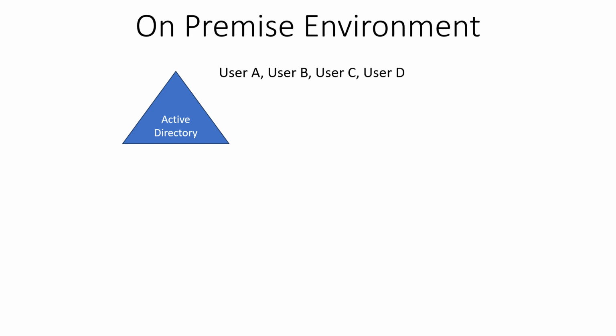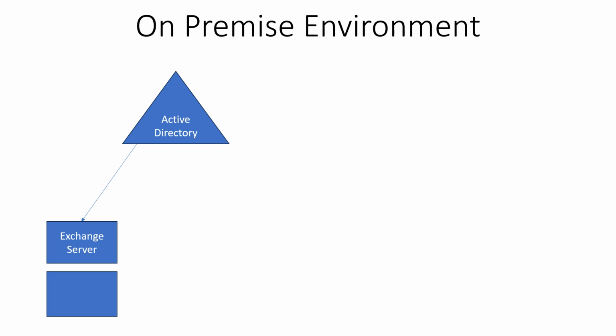In order to achieve this, first we need to install Active Directory on our servers. Active Directory acts as a database to store the contact information in our organization. After the installation of Active Directory, we need to install Exchange servers so that our users can communicate with each other via email or Teams.